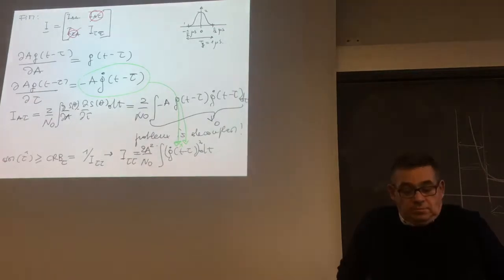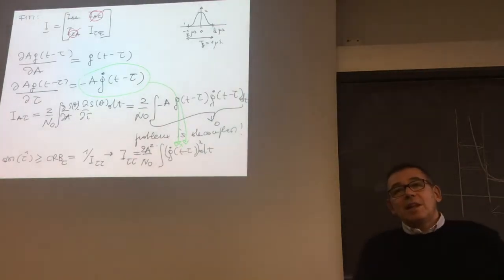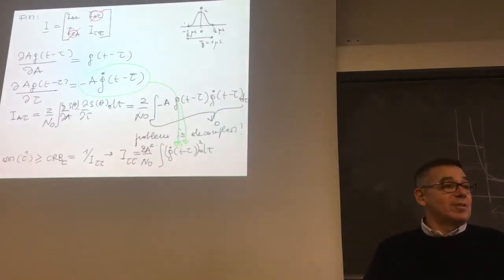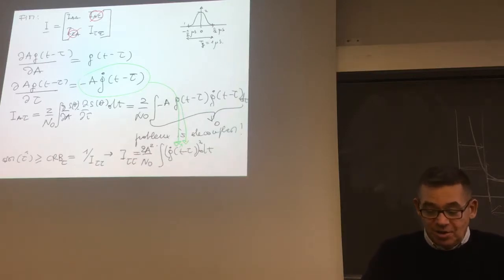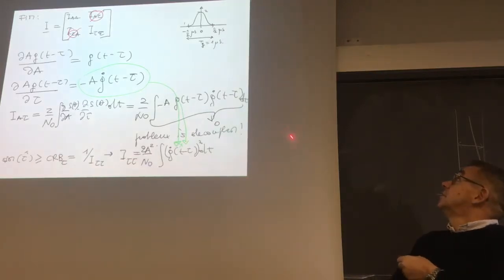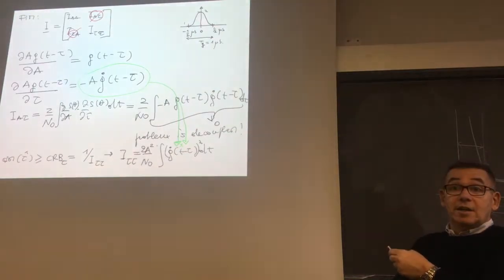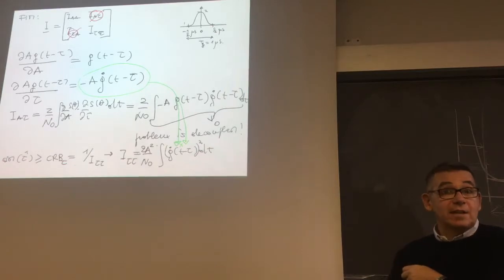That means that I need to calculate g prime, and the square of g prime. So what is g prime? g prime is the derivative of that one. So what is the derivative of a cosine?